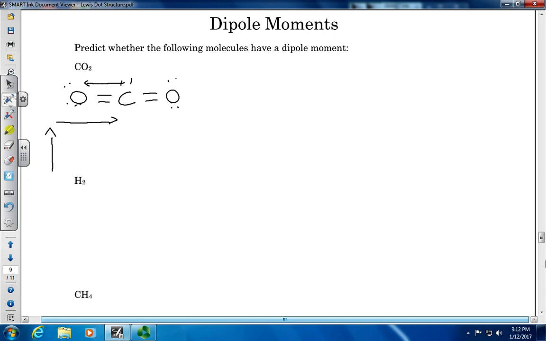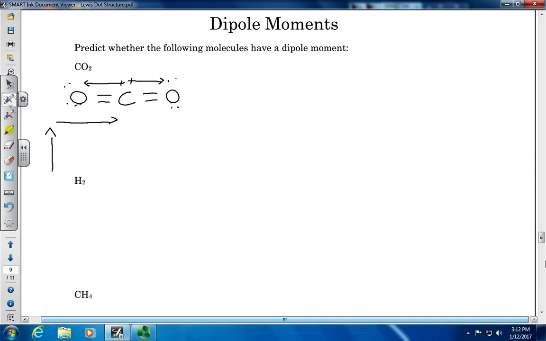They go from positive carbon to the more electronegative oxygen. And those dipoles are indicating that the electrons in the molecule are getting pulled to either end. But carbon dioxide is a linear molecule, and that's important to remember.